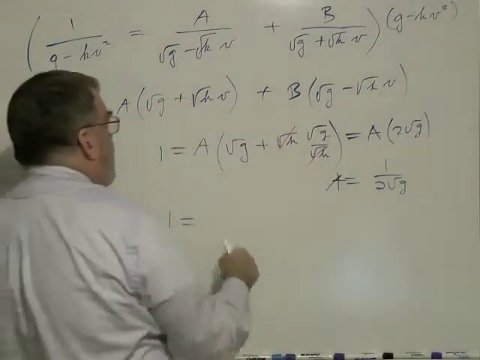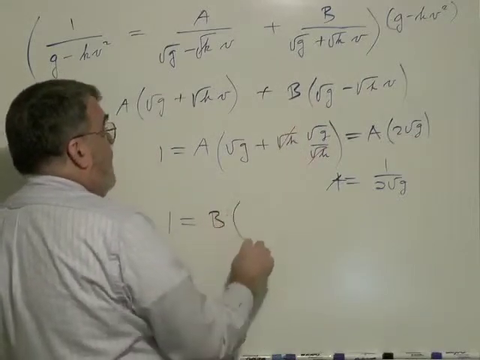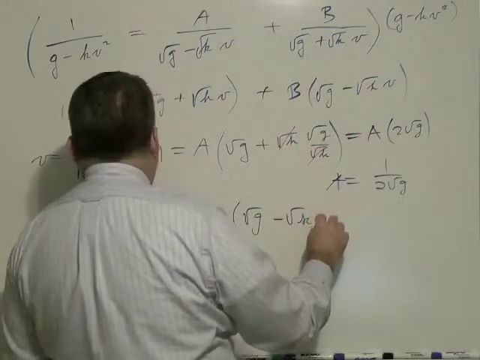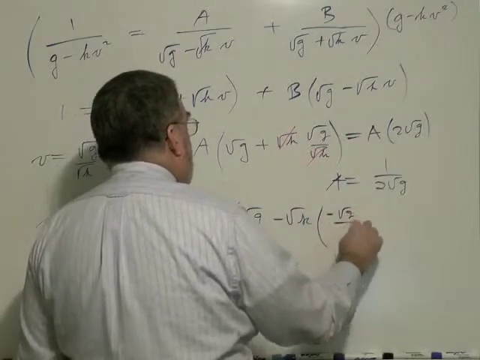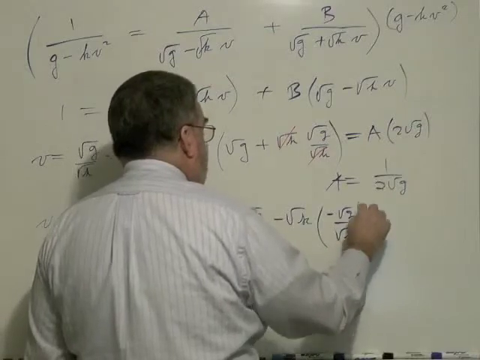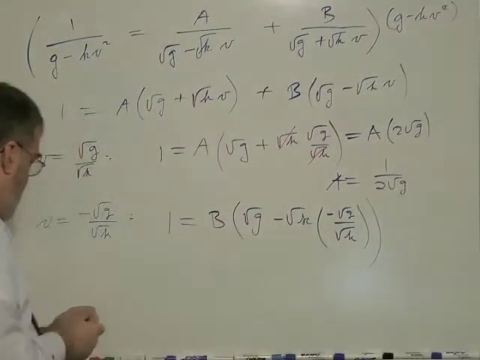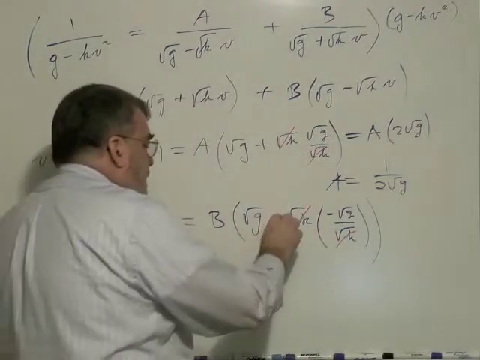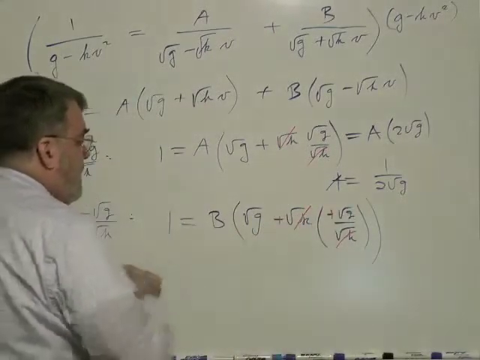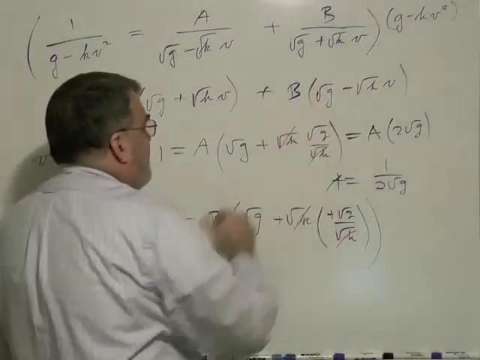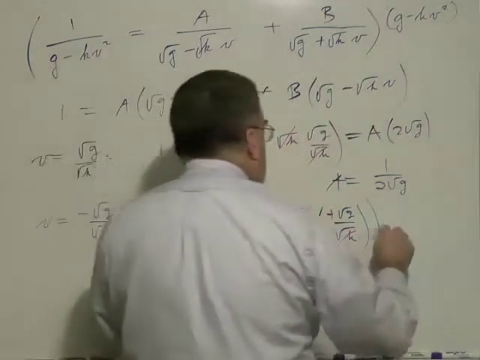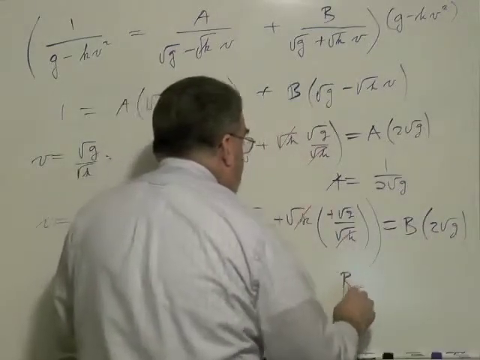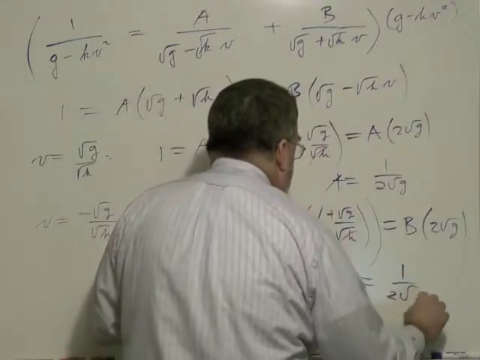So I have 0a plus b times square root of g minus square root of k times minus square root of g over square root of k. And again, the square root of k's cancel, and happily the negatives cancel, and I get square root of g plus square root of g. I have the same thing. This is b times 2 square roots of g. So b is equal to the same constant, 1 over 2 square roots of g.